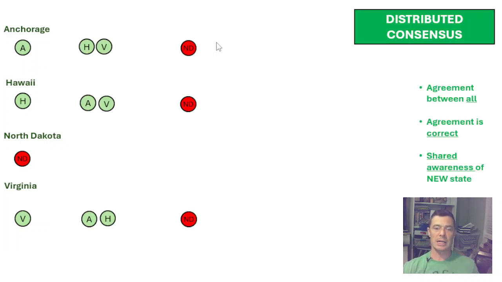So each node has isolated the other nodes. They've corroborated the correct result. They've isolated the fault, and they know that, hey, I've got correct agreement. All of us have correct agreement, and it's at this point when they know that they all have the correct agreement that they all know that they all have shared awareness.